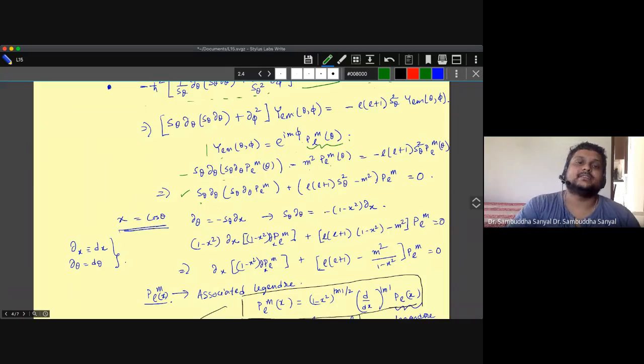I make this transformation where I replace cos theta by x. That means del theta becomes minus sin theta del x, and sin theta del theta becomes minus 1 minus x squared del x. If I plug in these two here, I'll get this particular equation. Notice that I have already separated the theta and phi part, so these del x's are single variable derivatives.